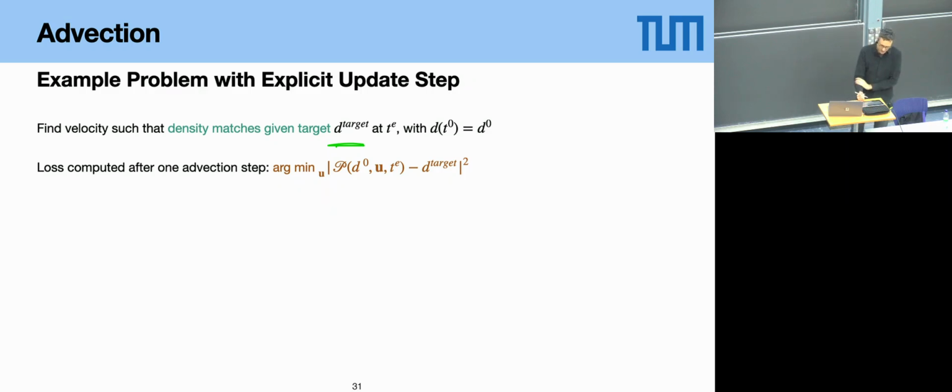In our formulation with our advection operator P, our velocity u, this is basically the learning goal here, or the optimization target.